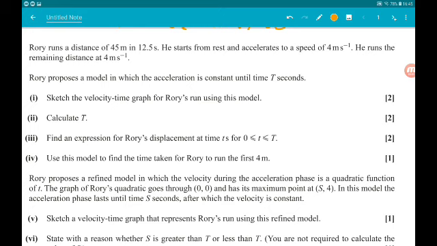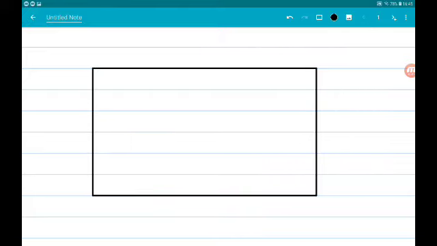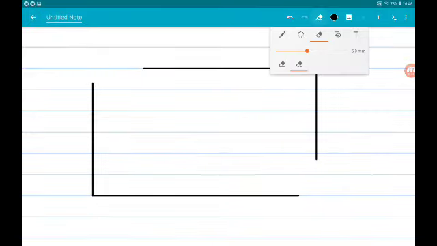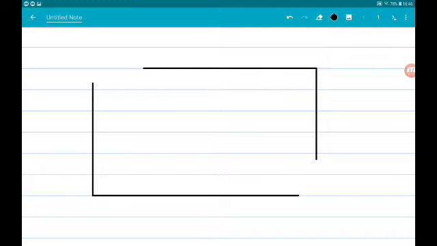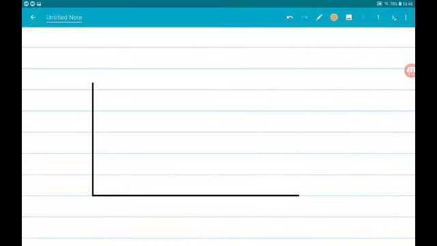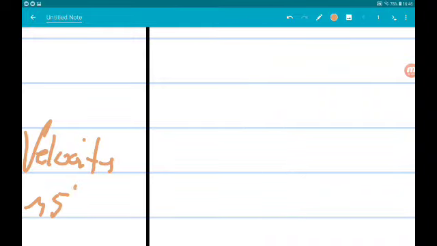Okay, so let's get some axes. Going up the side then, we have velocity in meters per second.